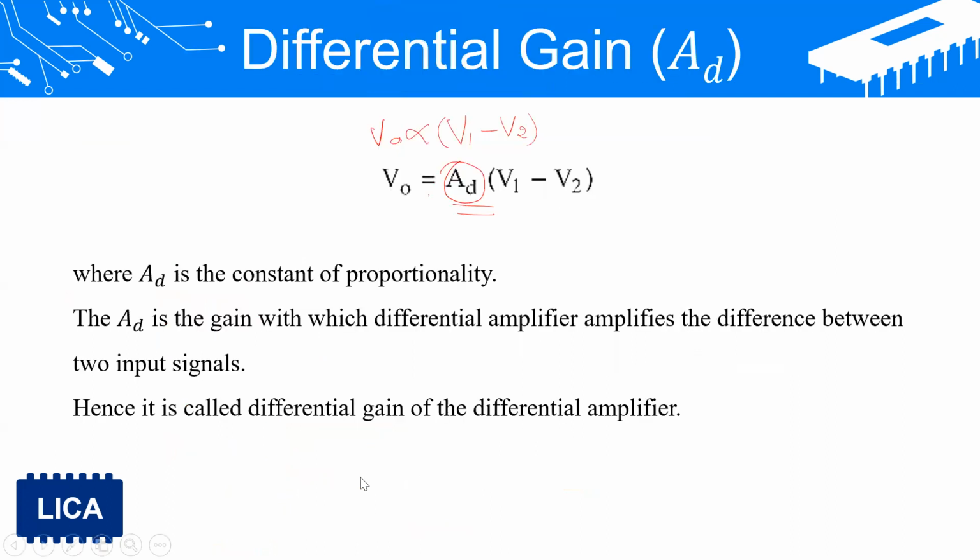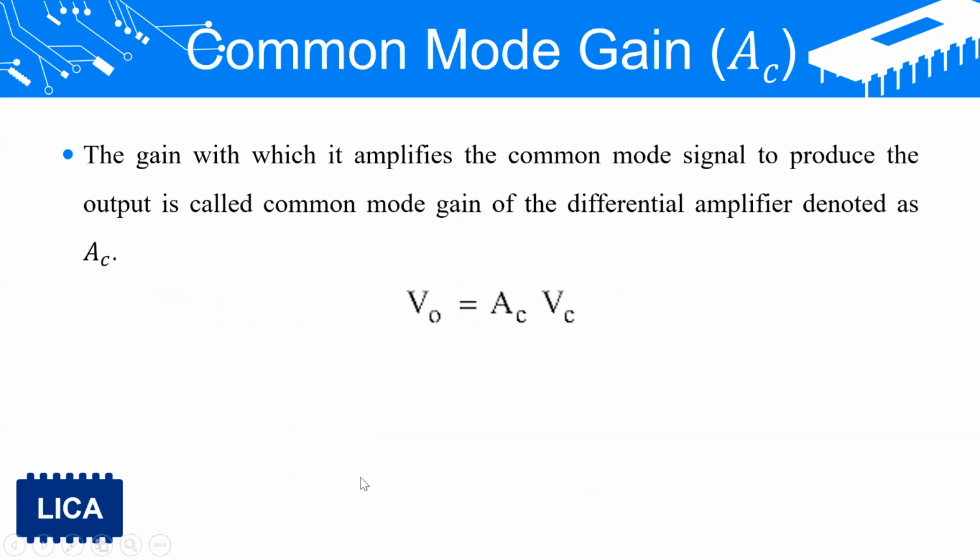But the output voltage of a practical differential amplifier depends not only on the difference voltage, but also on the average common level of the two inputs. Such an average level of the two input signals is called the common mode signal, denoted as VC.